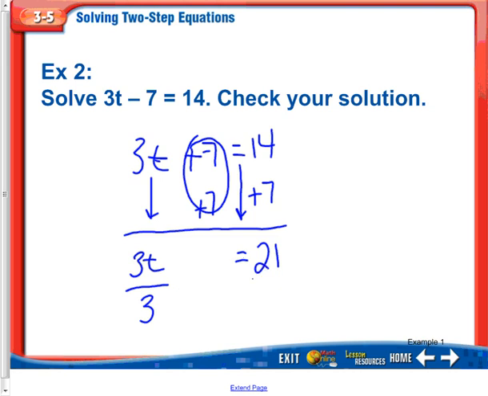Whatever you do to one side, do to the other. So 3 divided by 3 is 1, and so t equals 7. Now we'll plug this solution into our problem up here. 3 times 7 is 21, and 21 minus 7 is 14, which is correct.